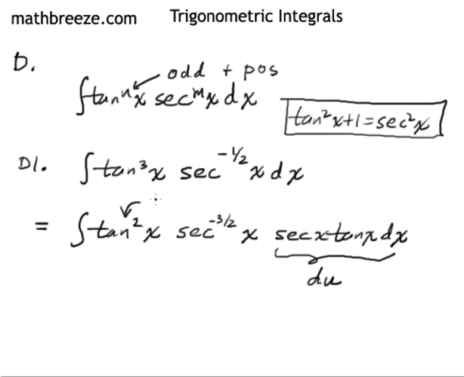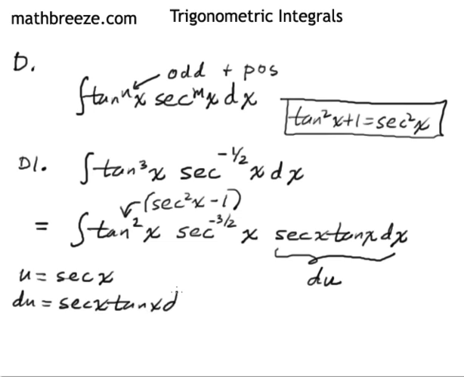Just bring the 1 over to the other side. So now we're ready to put u equal to secant x, and du is secant x tangent x dx.